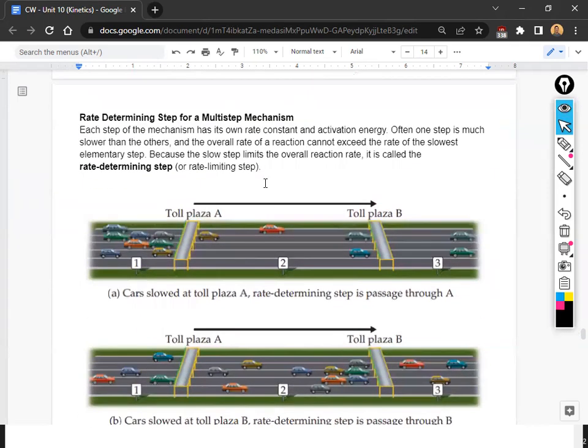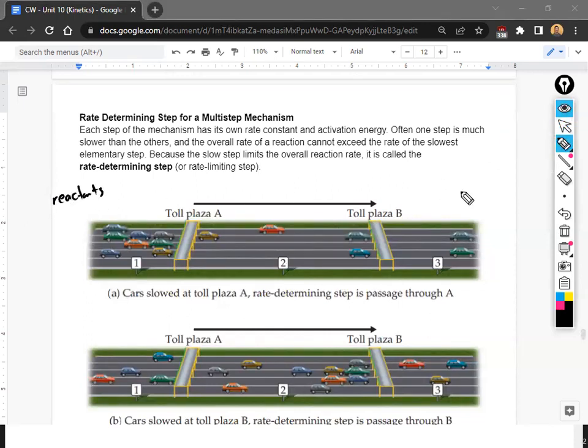One easy way to understand this concept is to say this reaction is traffic. This side right here is your reactants, and this side right here is the products.